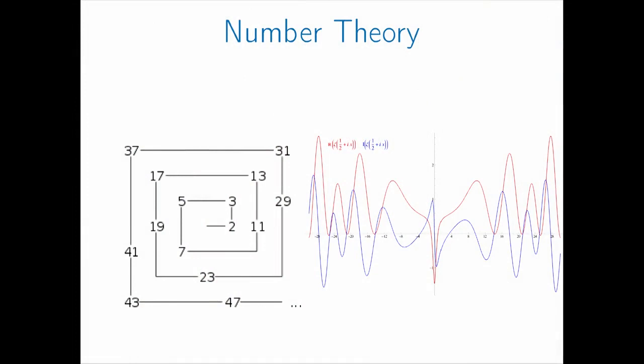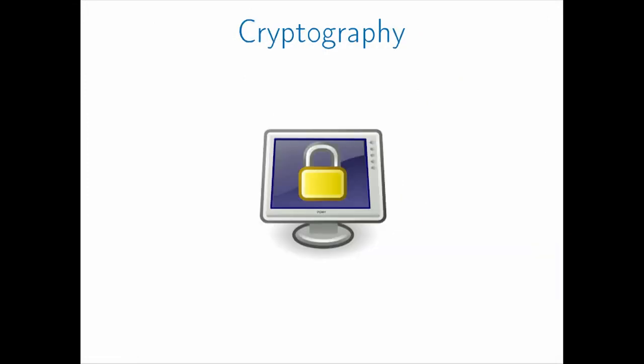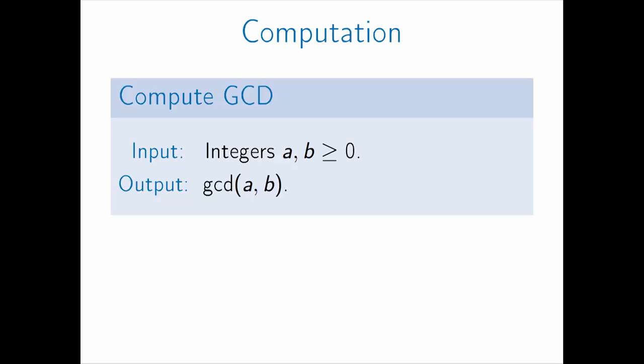And because it's so important in number theory, being able to compute GCDs is actually very important in cryptography. And the fact that you can perform secure online banking is in part due to the fact that we can efficiently compute GCDs of numbers in order for our cryptographic algorithms to work.